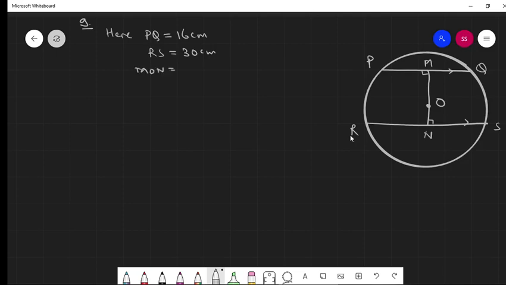So we need to find the radius of the circle. The radius of the circle equals what?